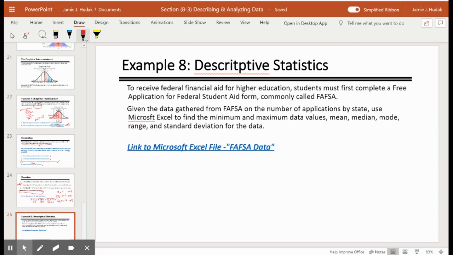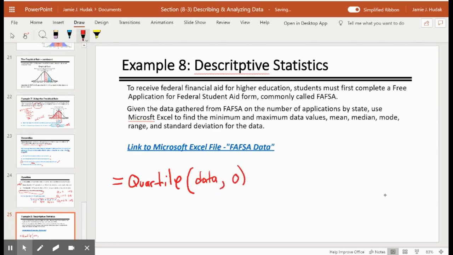So before I open this file, Microsoft Excel has a function called quartile. So we always start Excel with an equal sign. We'll use quartile, parenthesis, and then we'll choose the data. And then we put a number here.